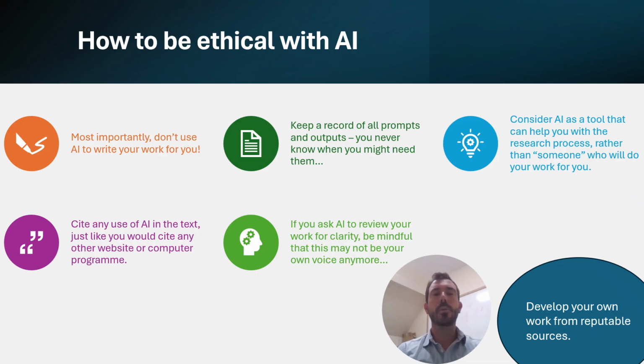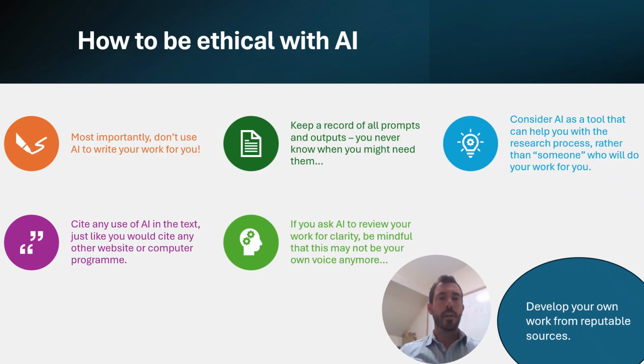So for example, if you say, please check this paragraph for spelling errors and list where those errors occur, it will provide the list of errors which you can then change yourself, rather than getting AI to rewrite your paragraph. That then becomes AI's work. It's not your own.